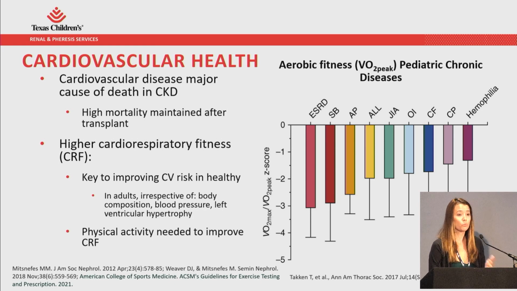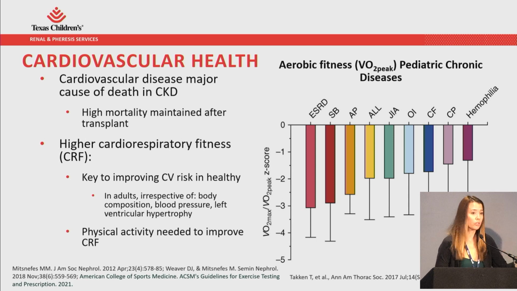Our children with end-stage kidney disease have the lowest cardiorespiratory fitness values compared to spina bifida, leukemia, juvenile arthritis, osteogenesis imperfecta, cystic fibrosis, cerebral palsy, hemophilia. So our patients are at massive detriment here. And physical activity is really the only way to improve cardiorespiratory fitness.